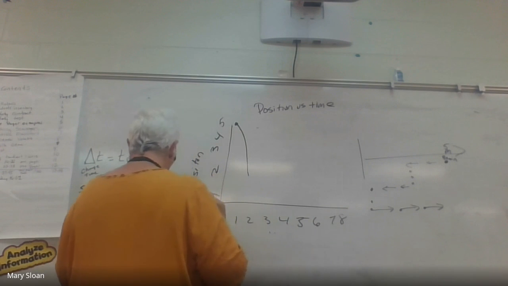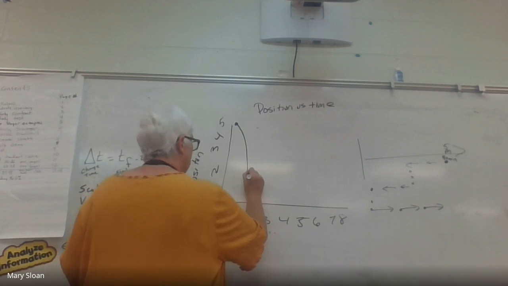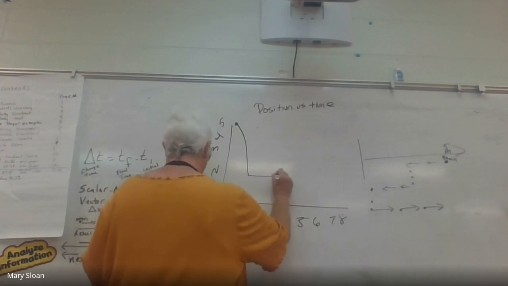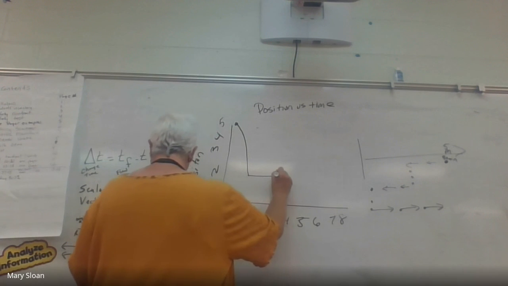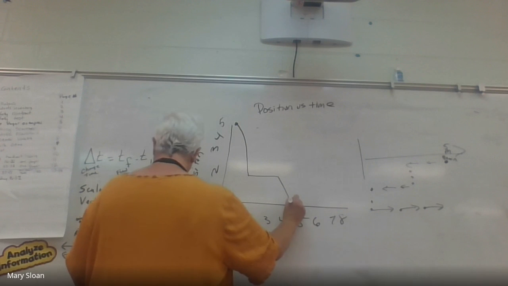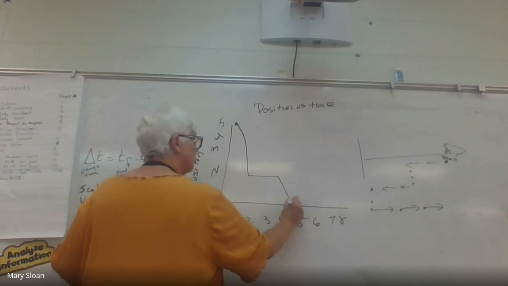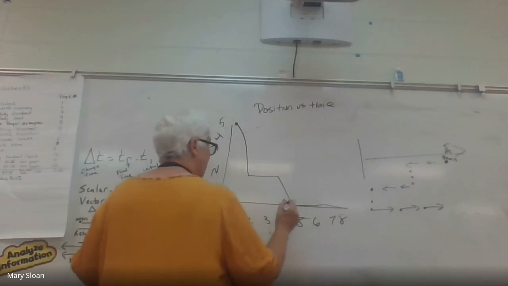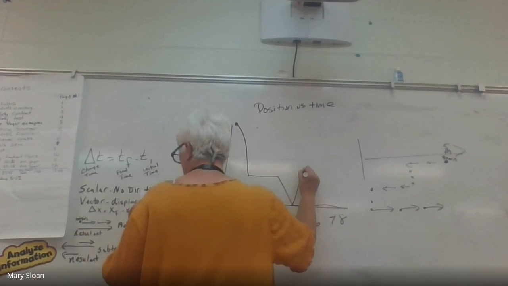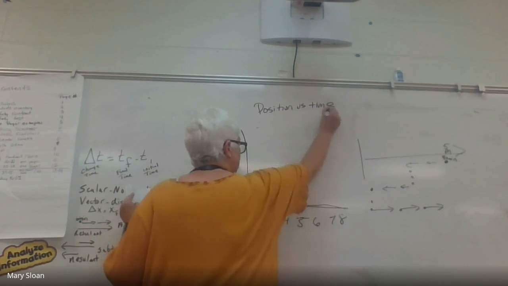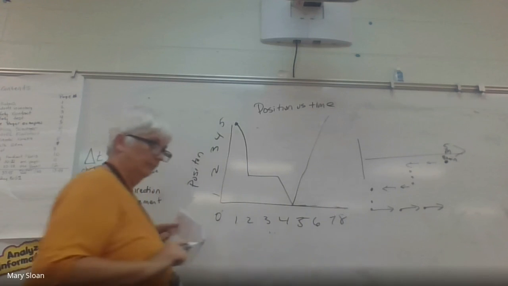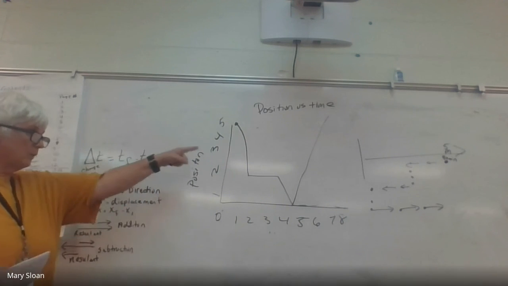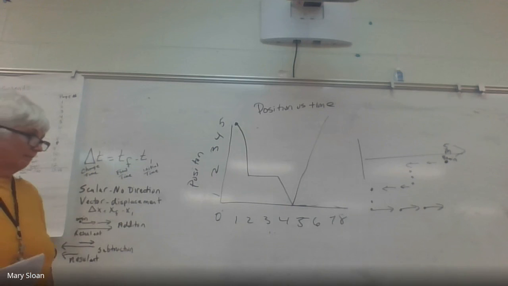What are we going to do there? We're going to go across, right? Then what are we going to do? Go down to 0, right? And then we're going to go back up. Yep. To where? To 5 again. So that's what your graph should look like.